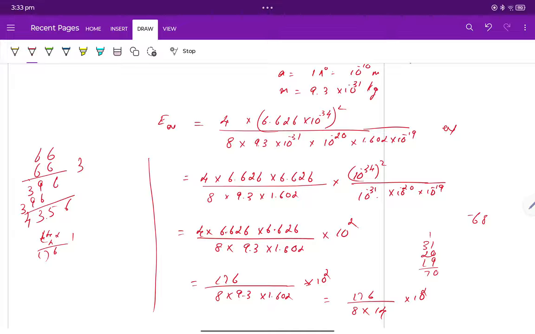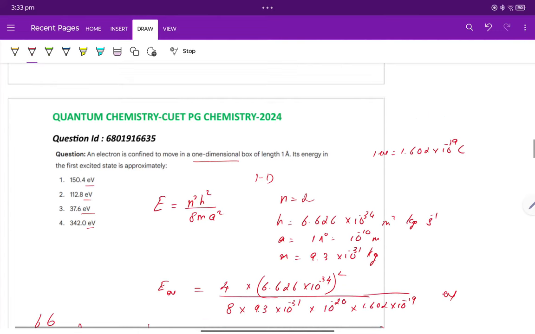So finally, the final answer should be around 150.4 electron volt. So your right option will be option number 1.